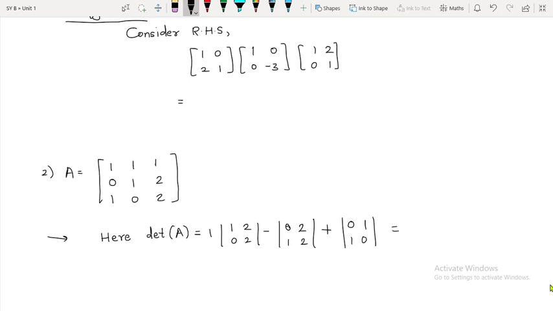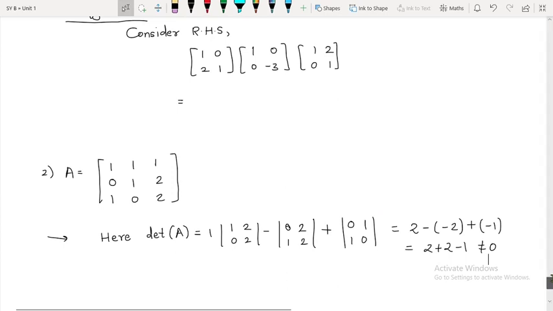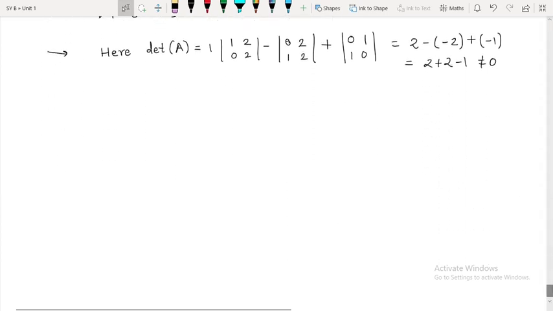So this will be 2, minus of minus 2, and plus minus 1, which is 2 plus 2, 4, minus 1, which will be non-zero. We don't want the determinant actually, we just want to show that it is non-zero. So this implies A can be written as a product of elementary matrices, so therefore A can be expressed.